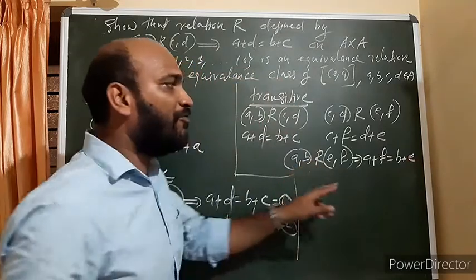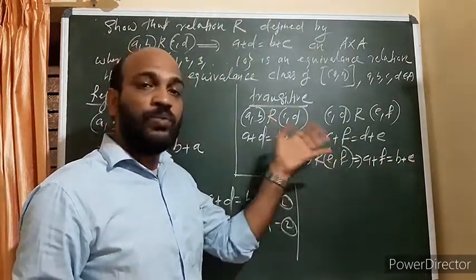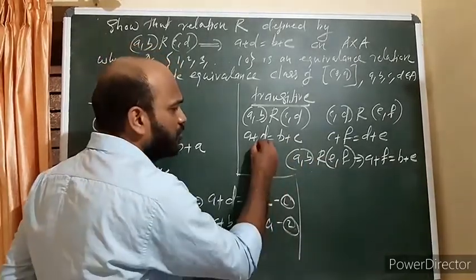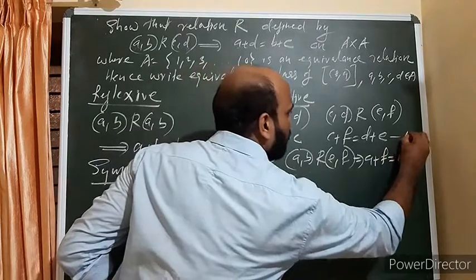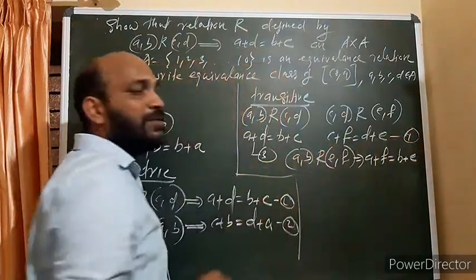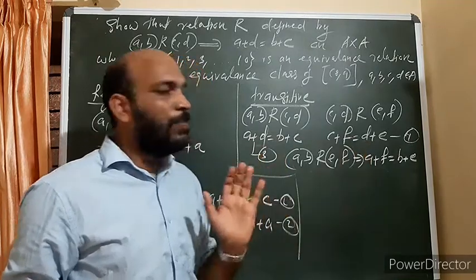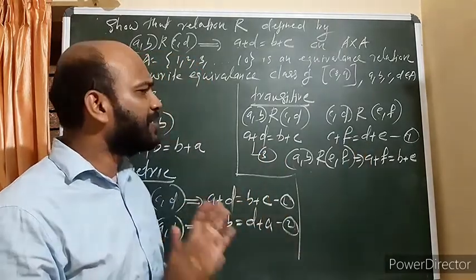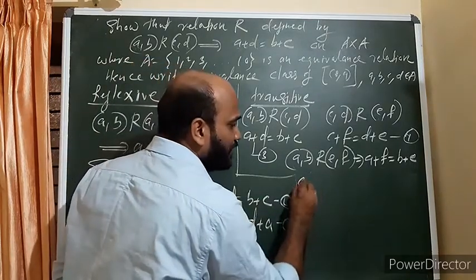If a plus f equals b plus e, we can say that (a, b) is related to (e, f). So take this one as equation number 3 and this one as equation number 4. By using 3 and 4, you have to show that a plus f equals b plus e. You can just add 3 and 4.